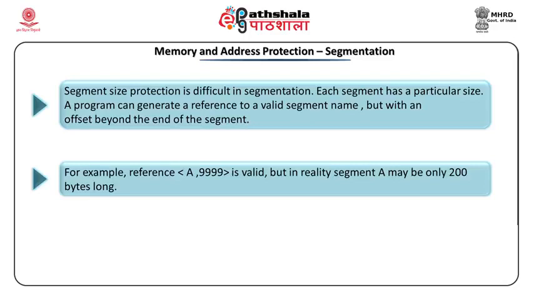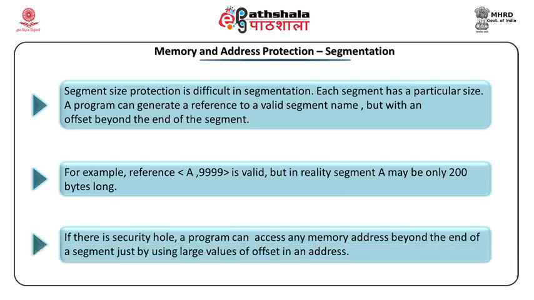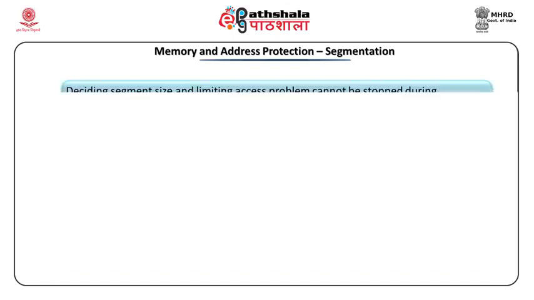But segment A is only 200 bytes. So referring to location 9999 is not permitted. But there may be a security hole, and the referencer is allowed access to a memory location beyond the end of the segment.